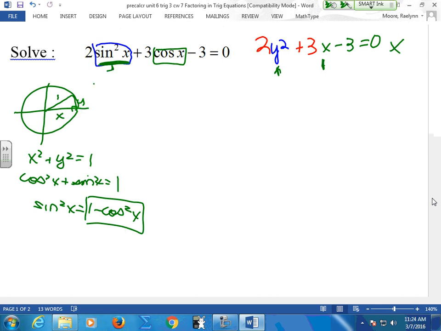I'm going to take this out and put 1 minus cosine squared x. I cannot do anything with a cosine or a sine, just a square, because I have Pythagorean identity. It's Pythagorean's theorem with your sine and your cosine in there. So now, let's distribute.